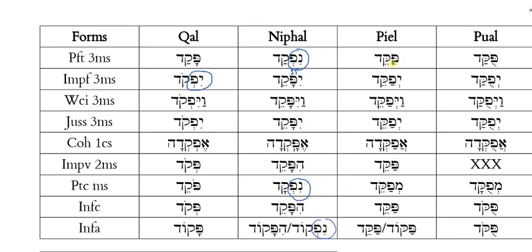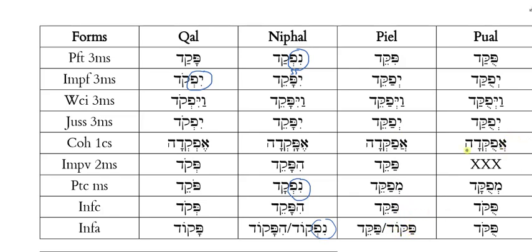Now if you look at the Piel, you're going to notice that root 1 has no prefixing in the Piel perfect, and in the imperfect there's a vocal sheva. In order to close a syllable with root 1, the prefix has to have a short vowel and root 1 has to have a silent sheva. That's not the case in the Piel imperfect and those forms built off of the imperfect. So throughout the Piel, I don't have any situations where root 1 is going to have this problem.